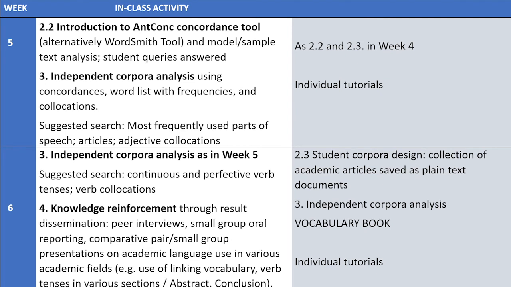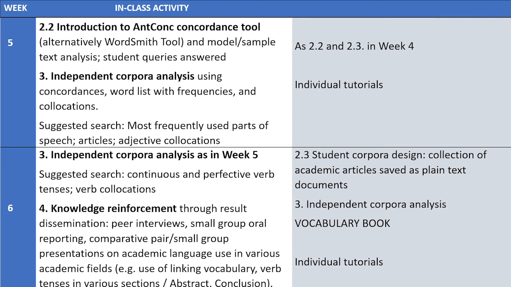Okay, and in week 5, they were using their own corpora and analyzing them, because it was part of their assessment to analyze several academic articles, and they had to produce either a report or an essay. So it was very important for them anyway to use these articles, and that's how they formed their individual corpora.